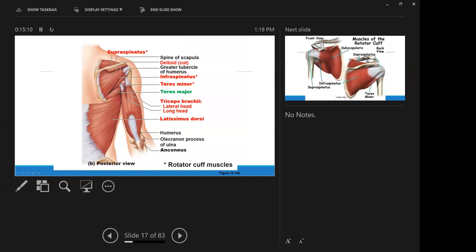The fourth one, the subscapularis, is in the subscapular fossa on the underside. Again, supraspinatus, infraspinatus, teres minor. Teres major and triceps, none of these are part of the rotator cuff muscles.